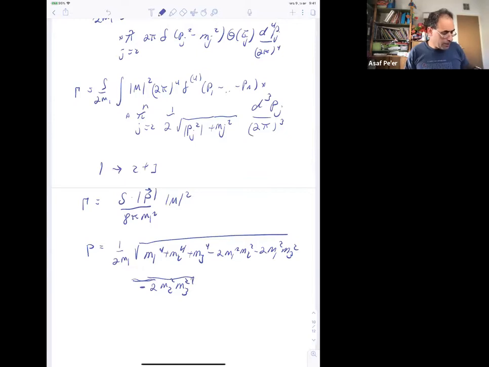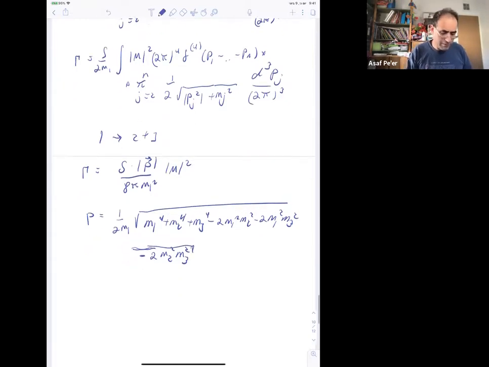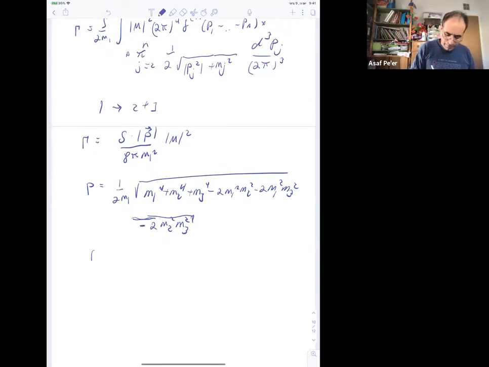Then I told you that for scattering we want to calculate the cross section, and we end up with a very similar result.